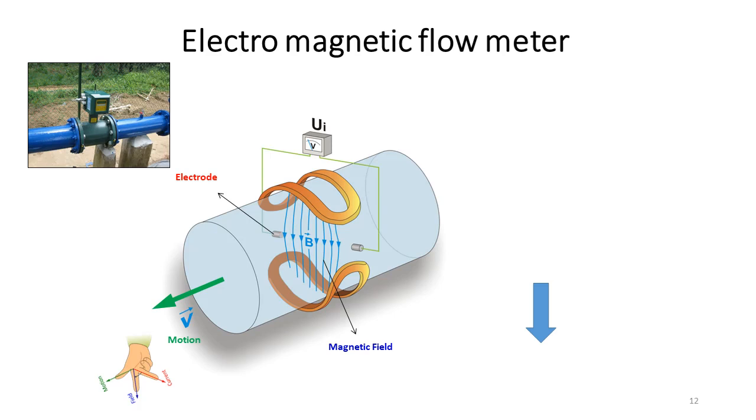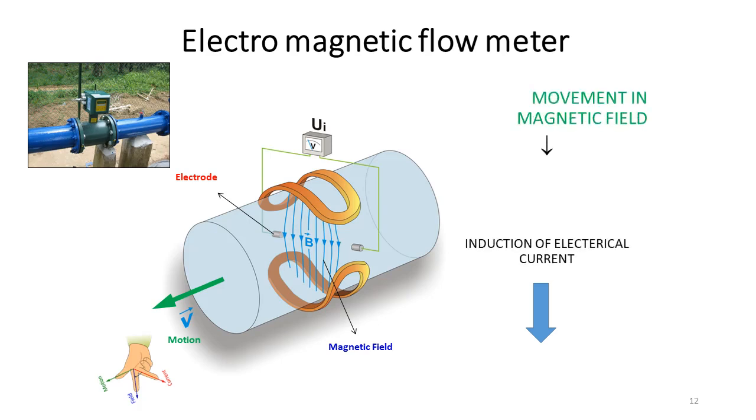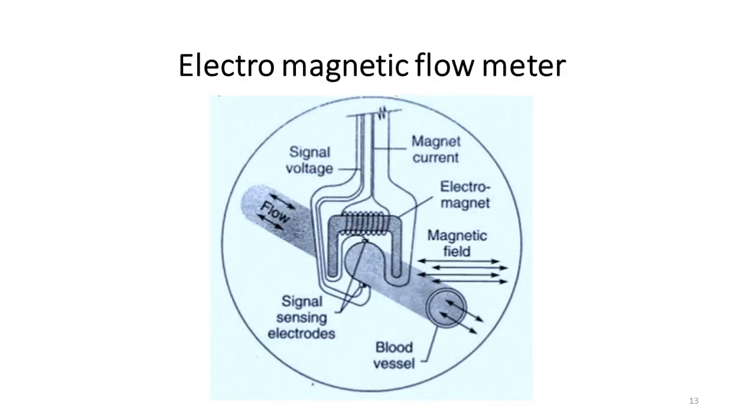In the electromagnetic flow meter, the vessel is placed under a magnetic field, and the movement of blood can produce voltage, and by finding the voltage we can find the blood flow in the vessel. So movement in a magnetic field can induce electrical current, and we record this current by a receiver.